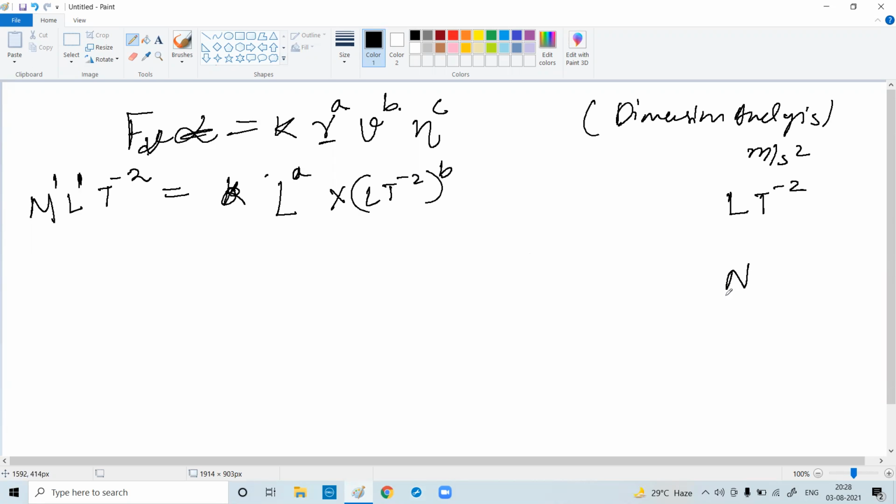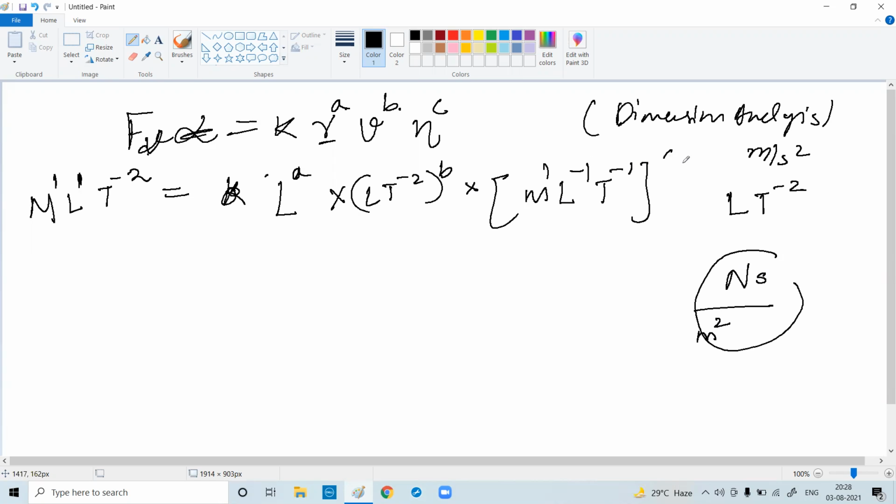Newton per meter square second. So eta will be M1 L minus 1 T minus 1 to the power C. So if I combine, this will be LA, and this I can write as LB T minus 2B, into MC L minus C T minus C.